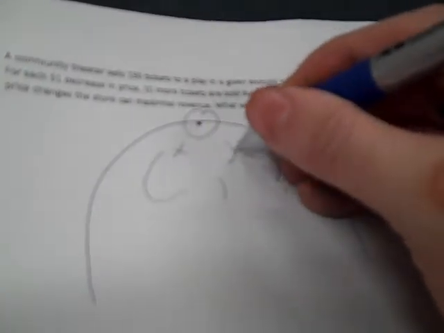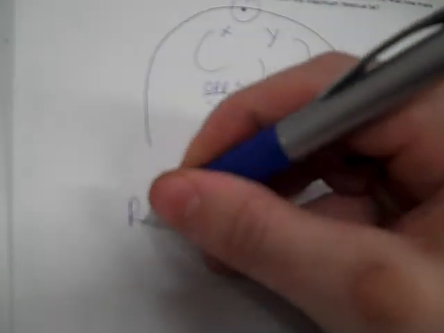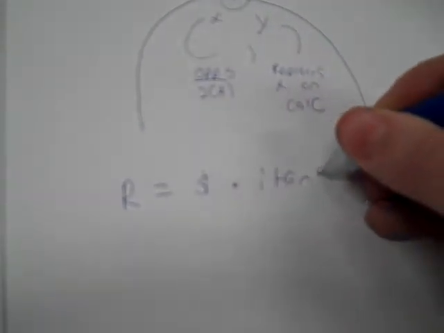Okay, and I need to know that x is always opposite of b divided by 2 times a. And the y is always replacing x on the calculator. So now I got to get an equation. Now this is revenue. So revenue is always equal to the dollars multiplied by the items.